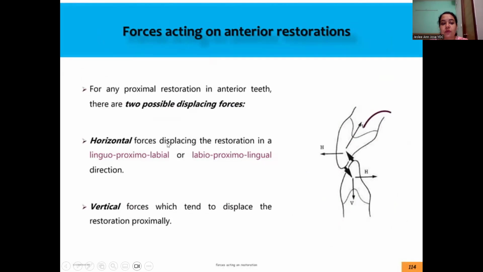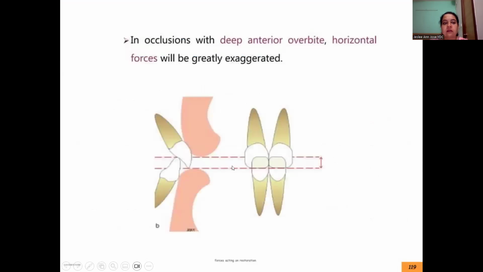The horizontal forces displace the restoration in a linguo-proximo-labial direction, that is from here to here, or from the proximo-lingual direction. And the vertical forces tend to displace the restoration proximally.